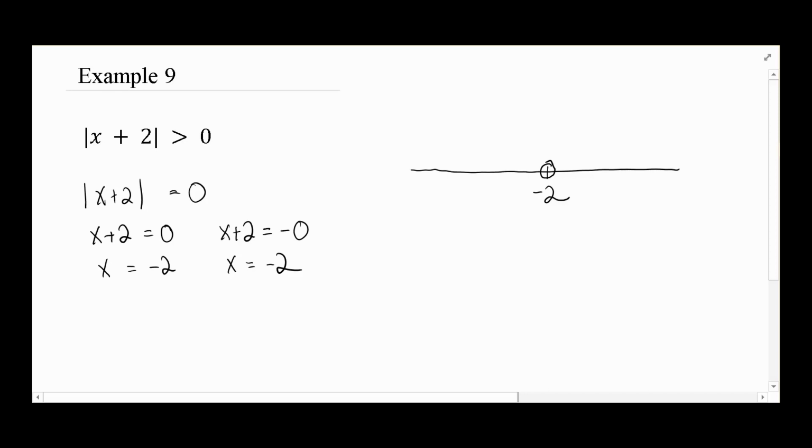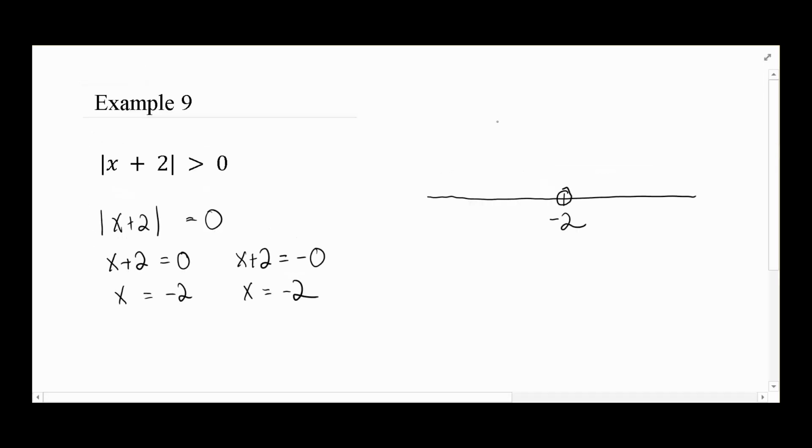Now, if we want to use the V method again, we absolutely can. We're supposed to draw a V that intersects our line at the solutions where we have drawn. So if I want to draw a V here, the point of the V is right there.